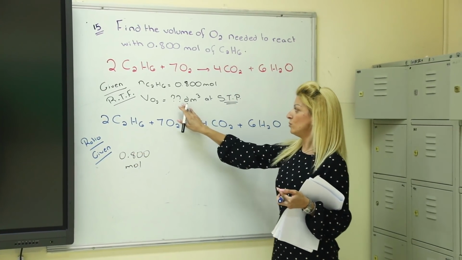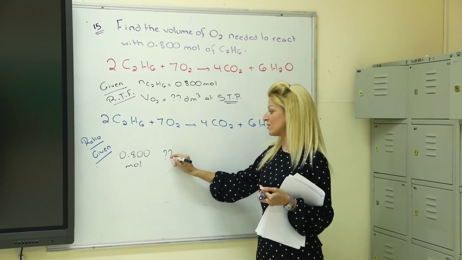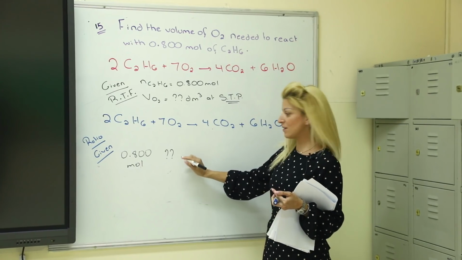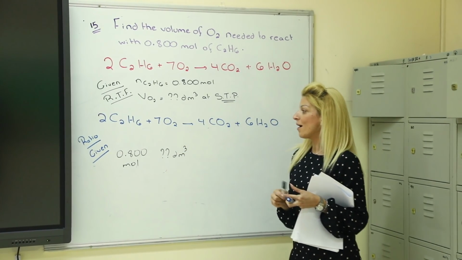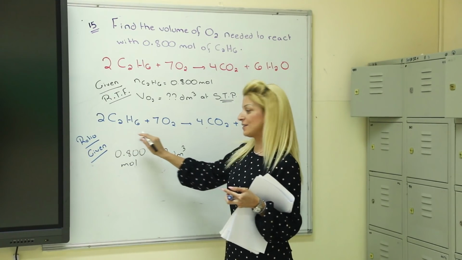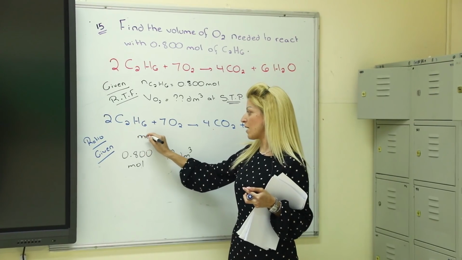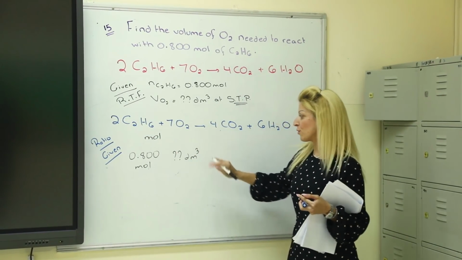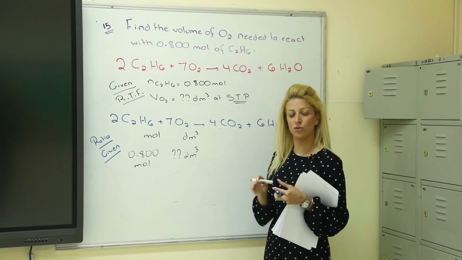Under O2, we want to find the volume of oxygen, so we put a question mark, as in how many decimeter cubed. The ratio, we should write it in the same units as the given. So for C2H6, we have to place moles, and for O2, we have to write the ratio in decimeter cubed.